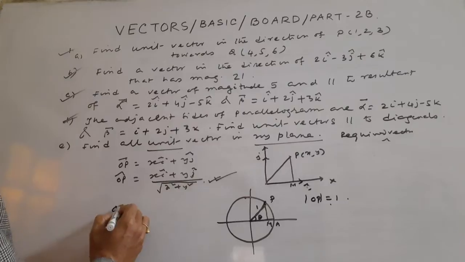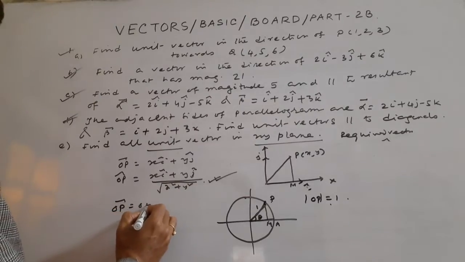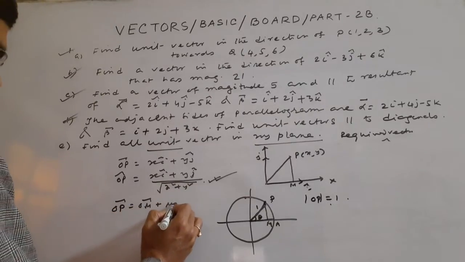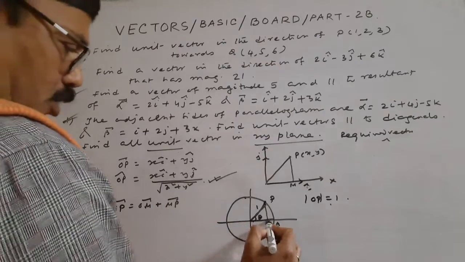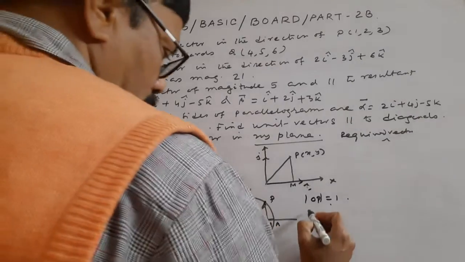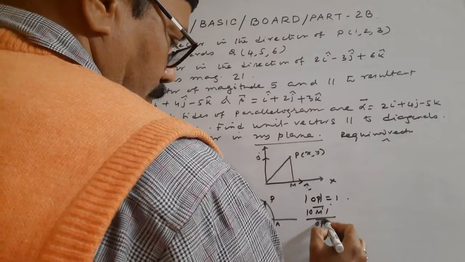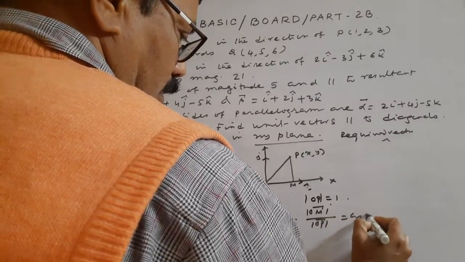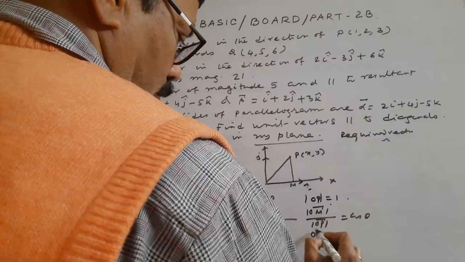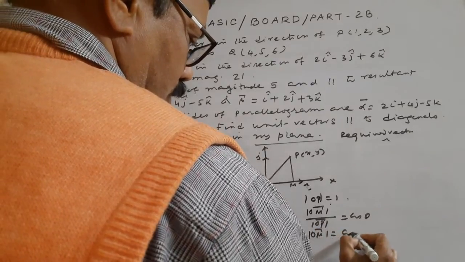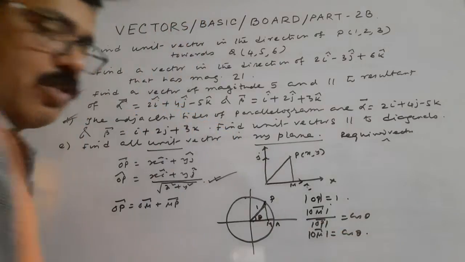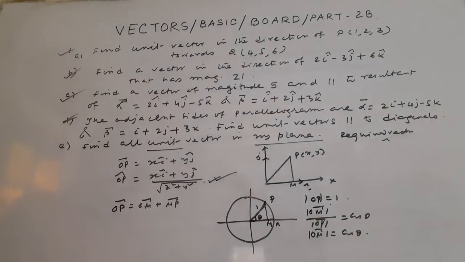So OP vector equals OM vector plus MP vector. What is the magnitude of OM? OM by OP equals cos theta. So the magnitude of OM equals cos theta, since the magnitude of OP equals 1.